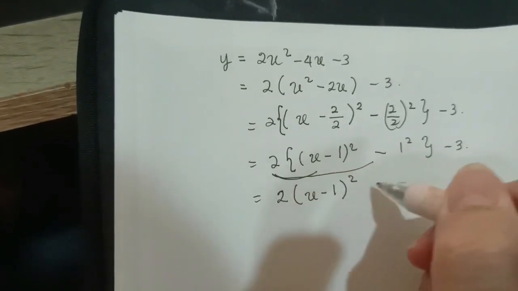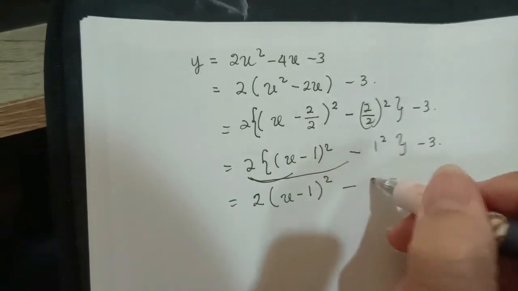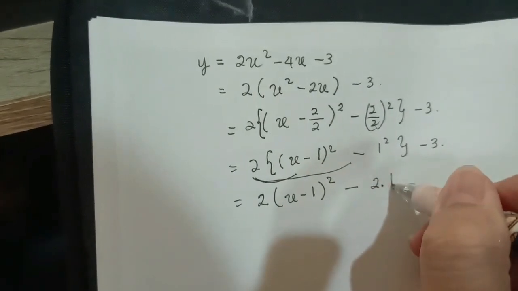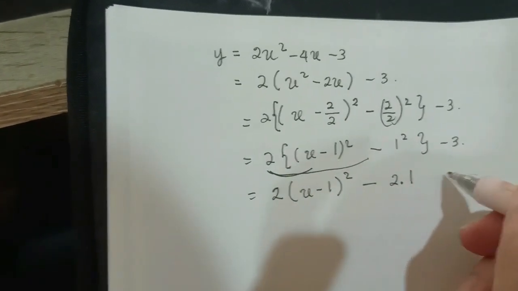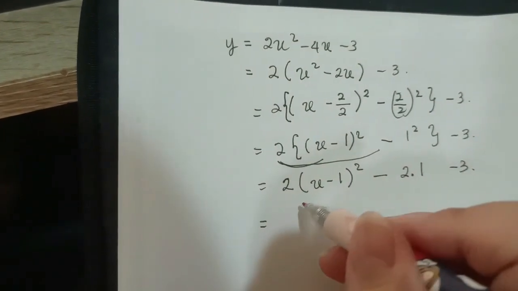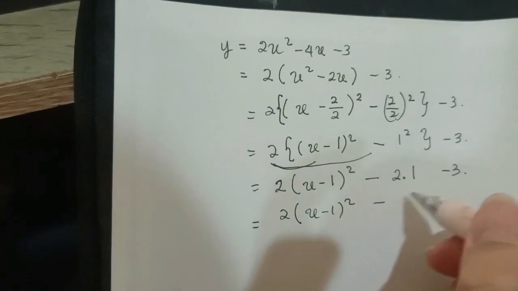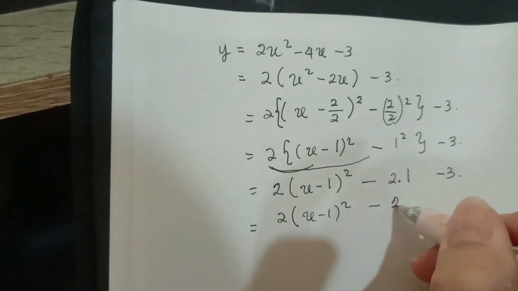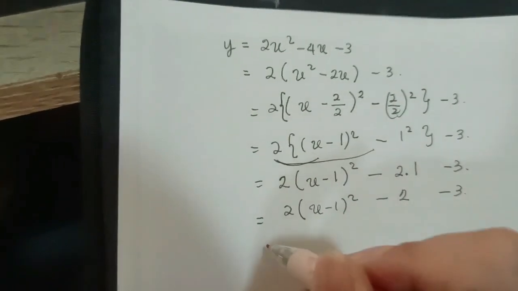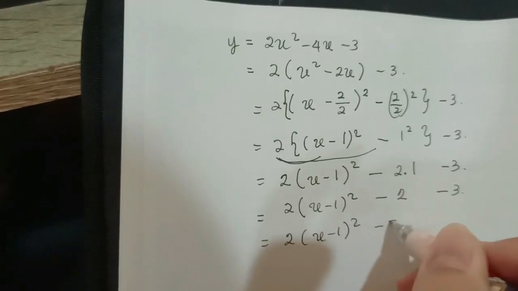This one multiply this one will be minus 2 multiply 1, minus 3. So, 2(x - 1)² - 2 multiply 1 is 2, minus 3. So this one is 2(x - 1)² - 5.